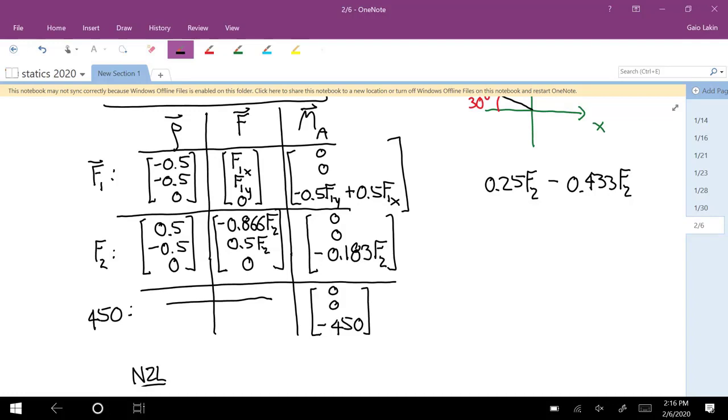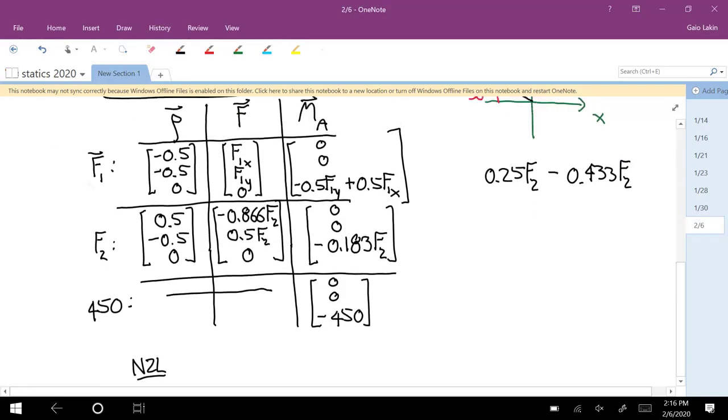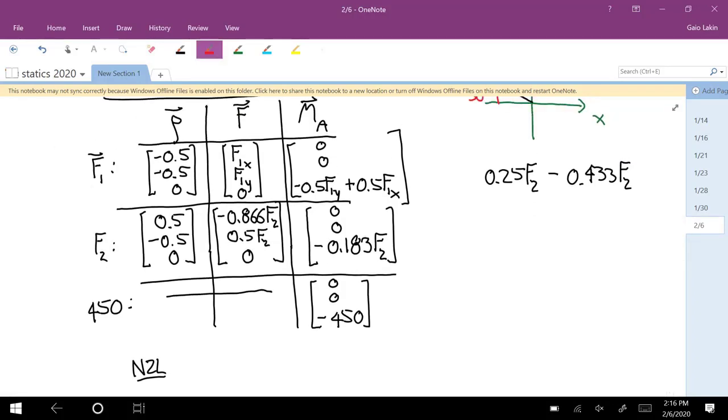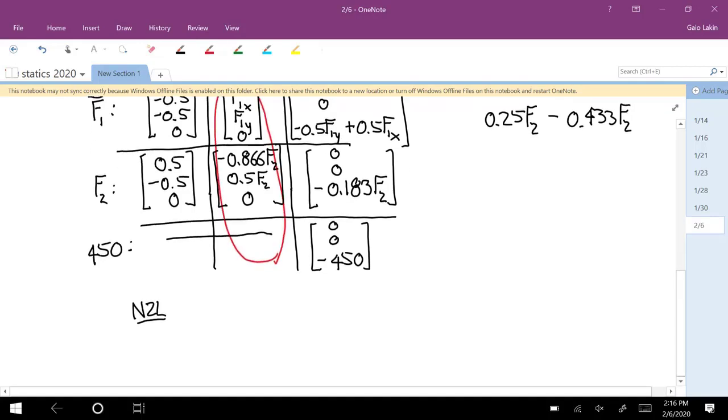Okay, so Newton's second law. This is what's nice about this table. We're going to take all these and just add them all up, and that's the left side of Newton's second law. So we have F1x, F1y, and I'm going to leave off the z's because the z's are always going to be 0 for a two-dimensional problem.